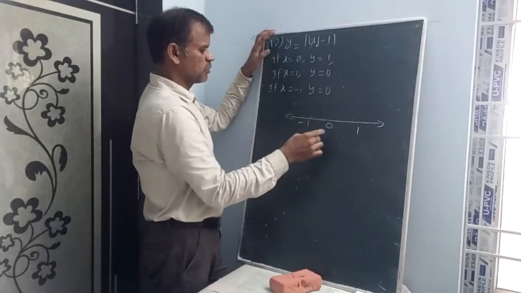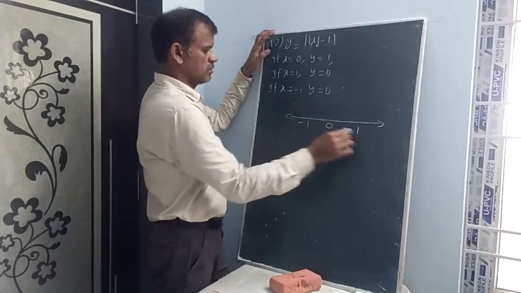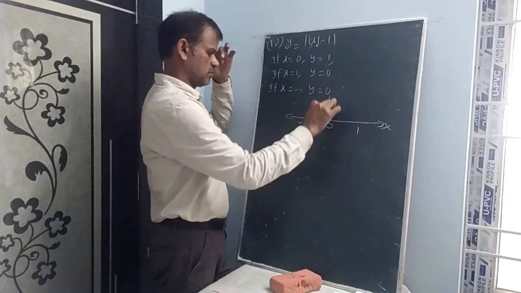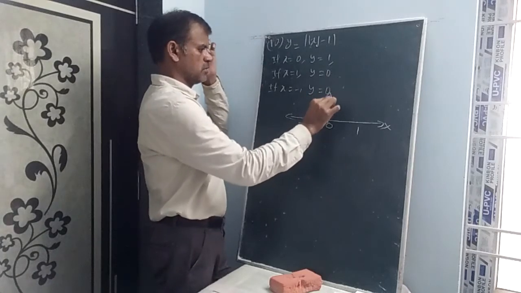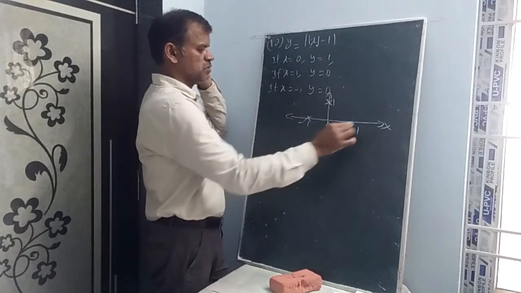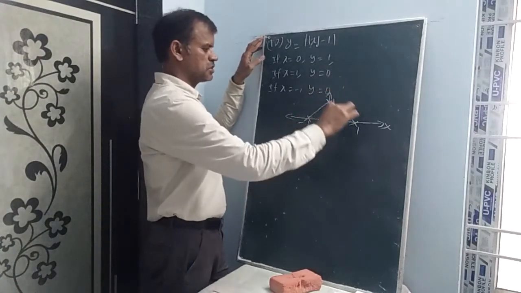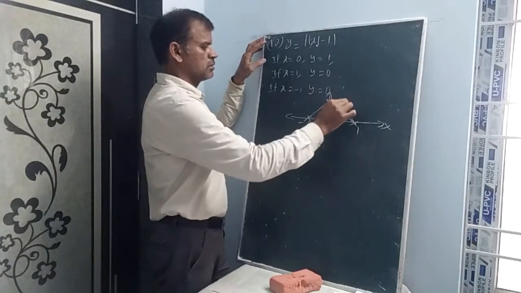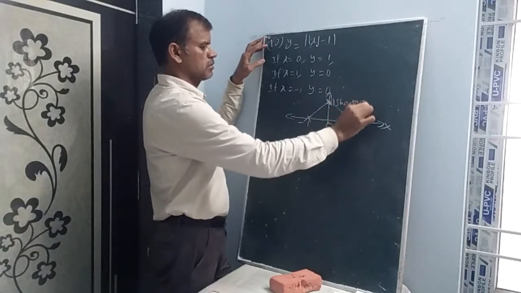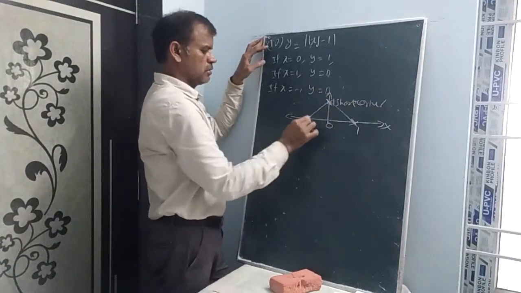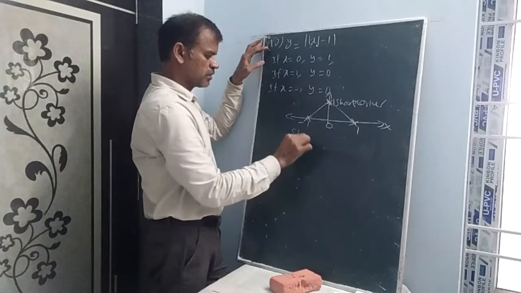For x equal to 0, y equal to 1. If you draw a curve like this, this is a sharp edge, a sharp corner. This is a sharp corner.